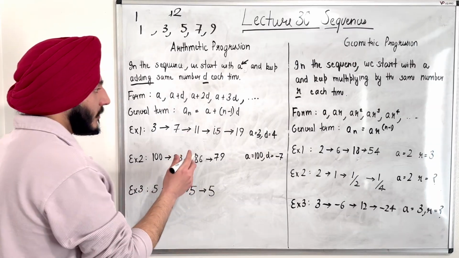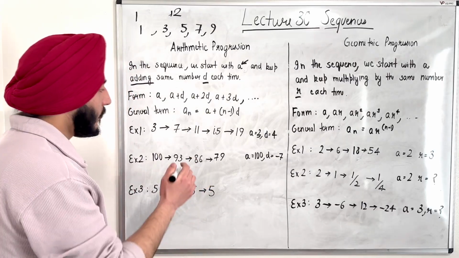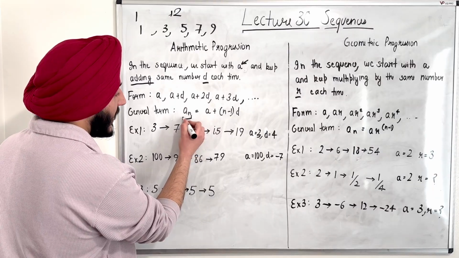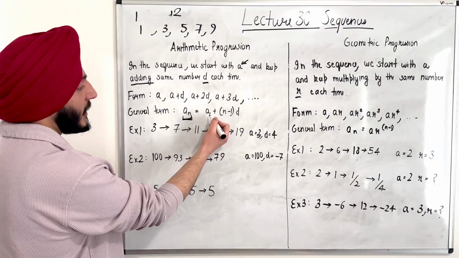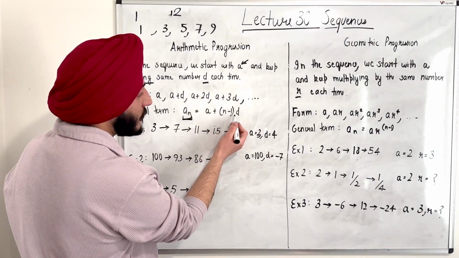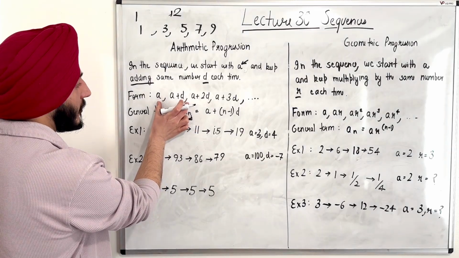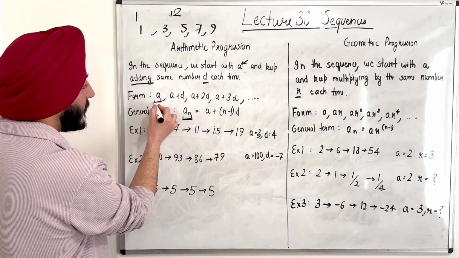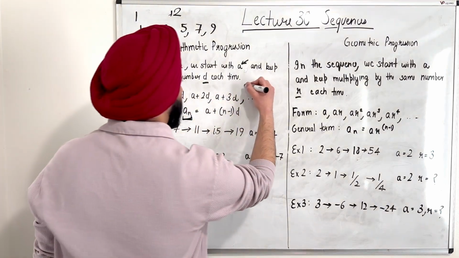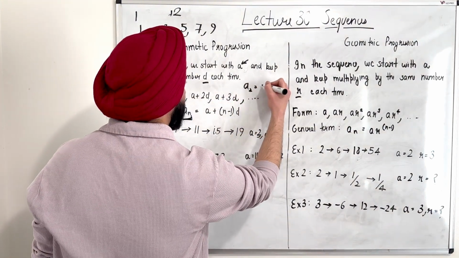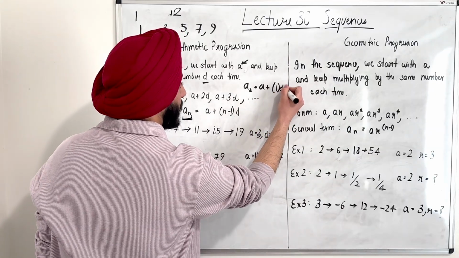Now, the general term. Now this might seem confusing, but it is very simple to understand. The simple point is that any term an in the sequence is simply the first value, whatever the first value I had, plus n minus 1 times the value d, right? So if you look at the general form, first I had a, the first one. Second time I had a plus d. So if you look at a2, it would be a plus n minus 1, which is 1, times d.